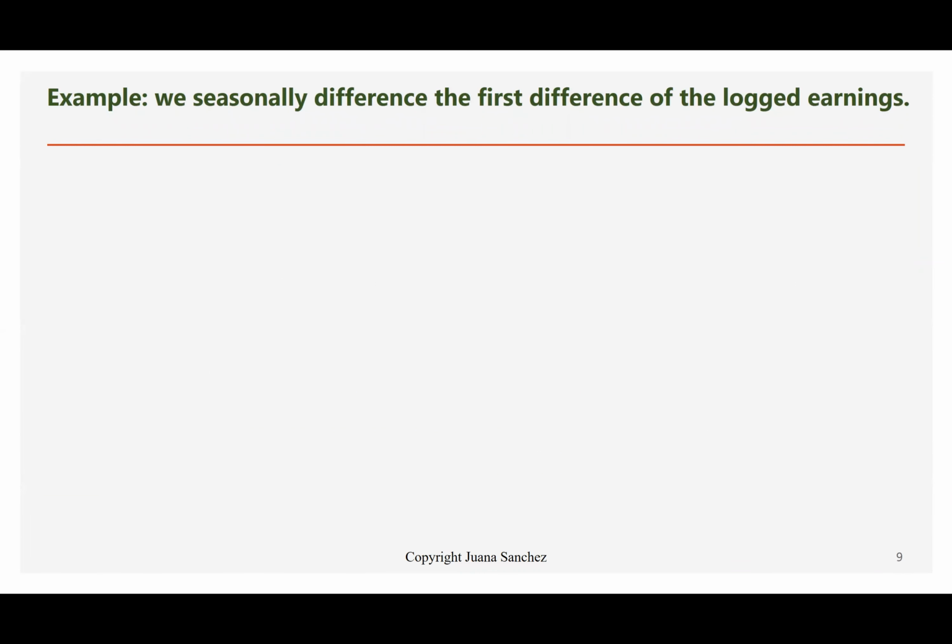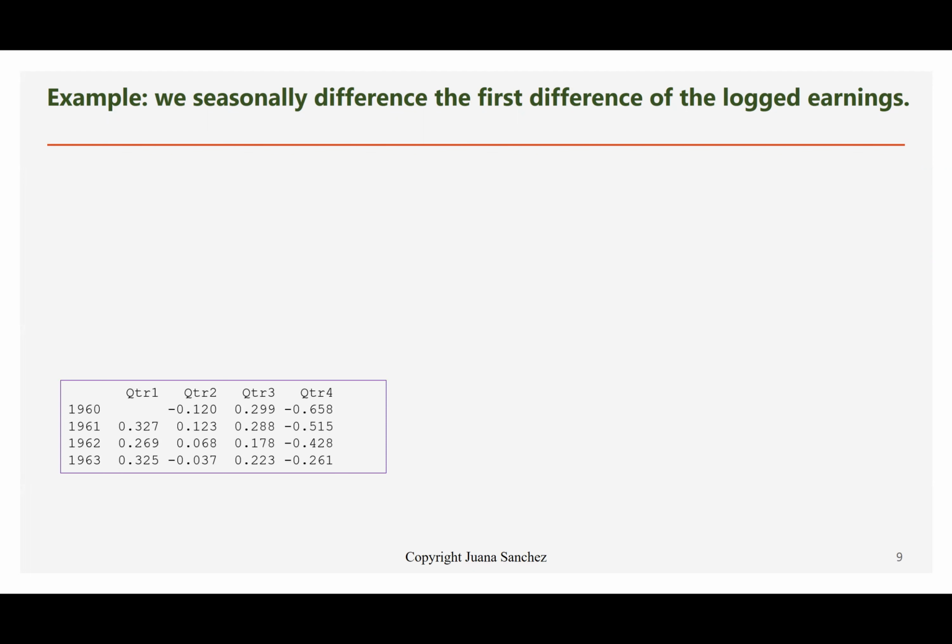Okay, so let's do the seasonal difference of the first difference, the regular difference of the log earnings. Here is the first difference of the log earnings that we calculated in a previous slide. So it's the diff of X with lag equal to 1, right? This was the first difference of log earnings. And now we calculate the seasonal difference.